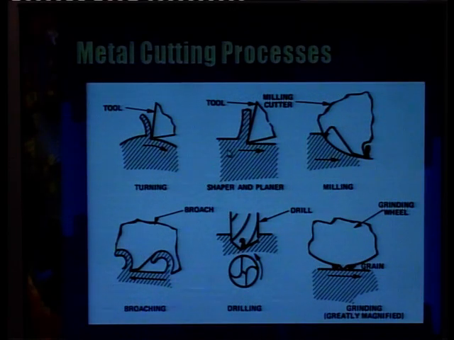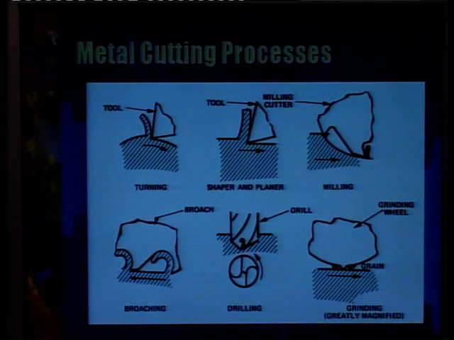Furthermore, turning is mainly used for finishing rotary jobs, whereas in shaping or planing, the purpose of machining is to produce flat surfaces, and the motion between the tool and the workpiece is also linear.